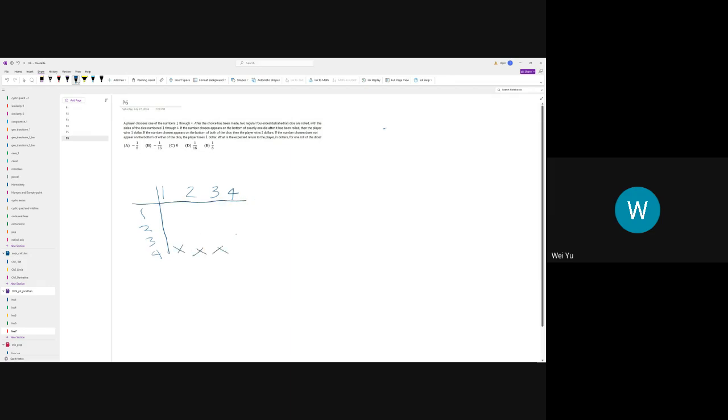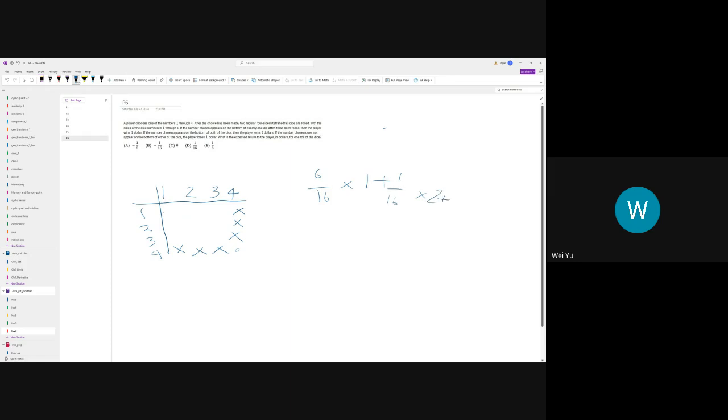So these are the 6 cases in which they could have gotten exactly 1: 1, 4; 2, 4; 3, 4; 4, 3; 4, 2; and 4, 1. So that's a total of 6 over 16 times the return of 1. Plus, and then there's only 1 case where it lands on 2. So 1 over 16 times the return of 2.